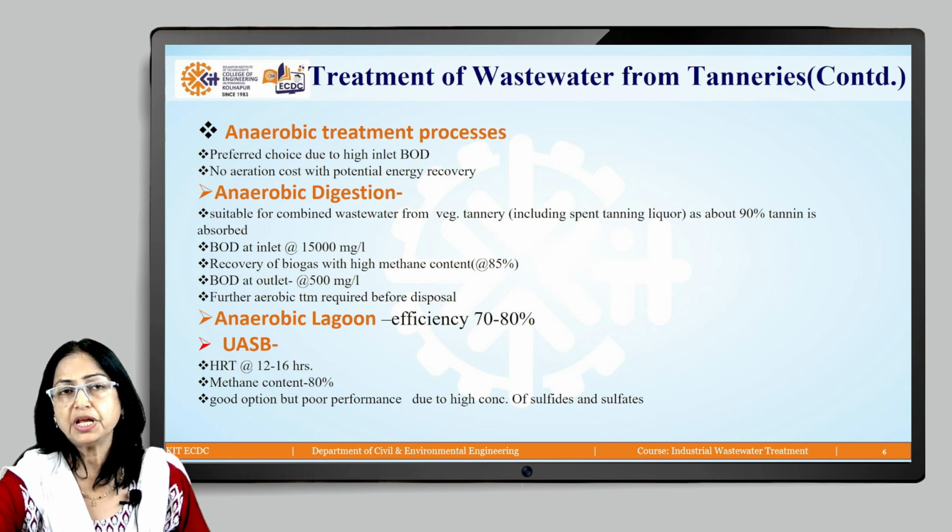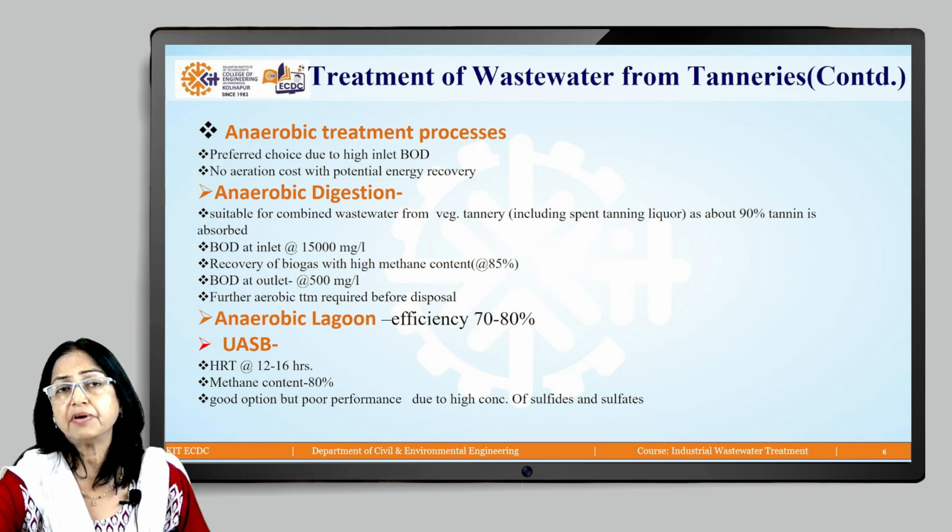Okay. So BOD at the inlet of the digester can be as high as 15,000 milligram per liter, and at the outlet it can be reduced to 500 milligram per liter. So efficiency is quite high, 85%.